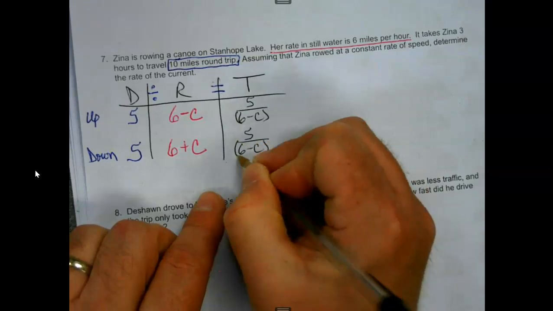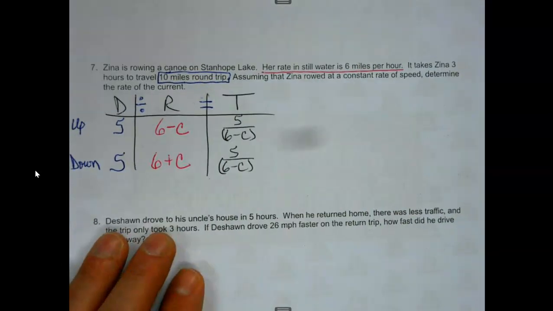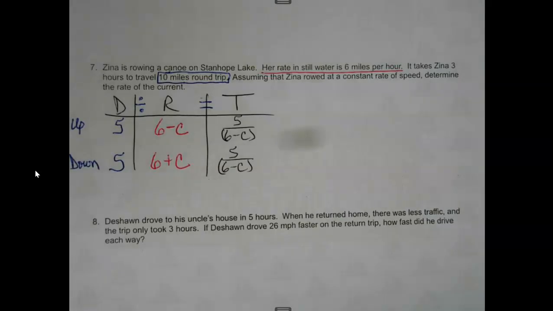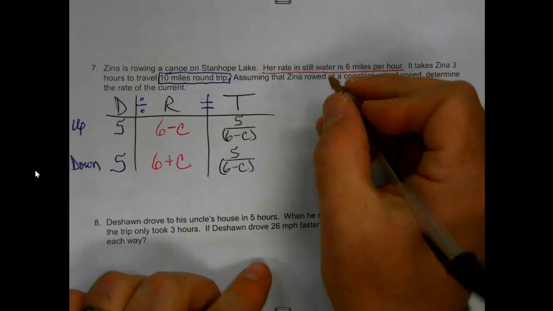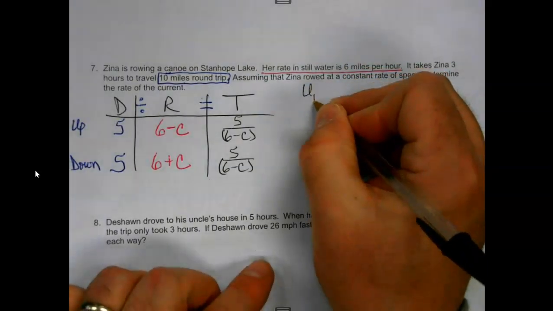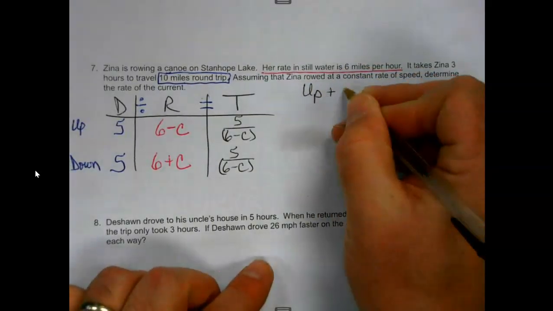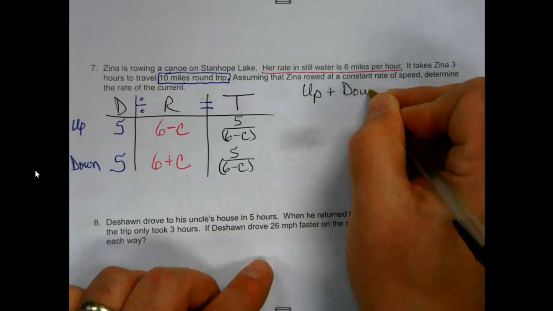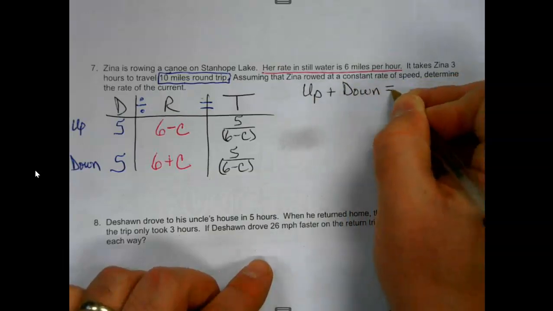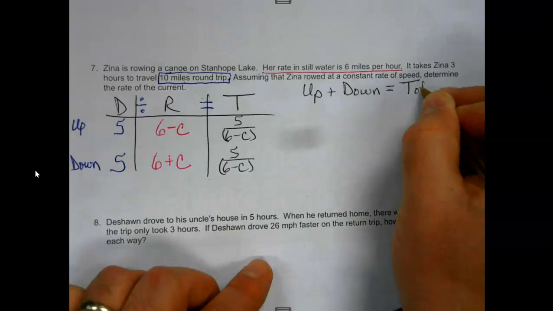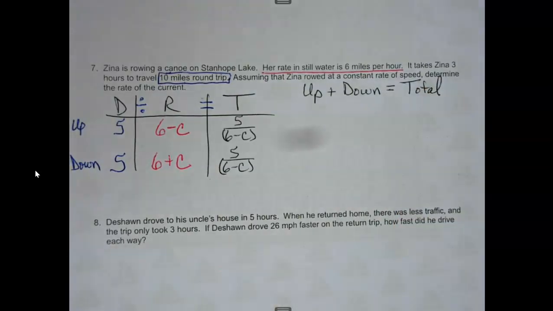Here's the thing. When you're canoeing, I'm going to put this into words to make it go a little better. When you go upstream, and then you turn around and go downstream, that's going to equal your total trip. So what does that mean?